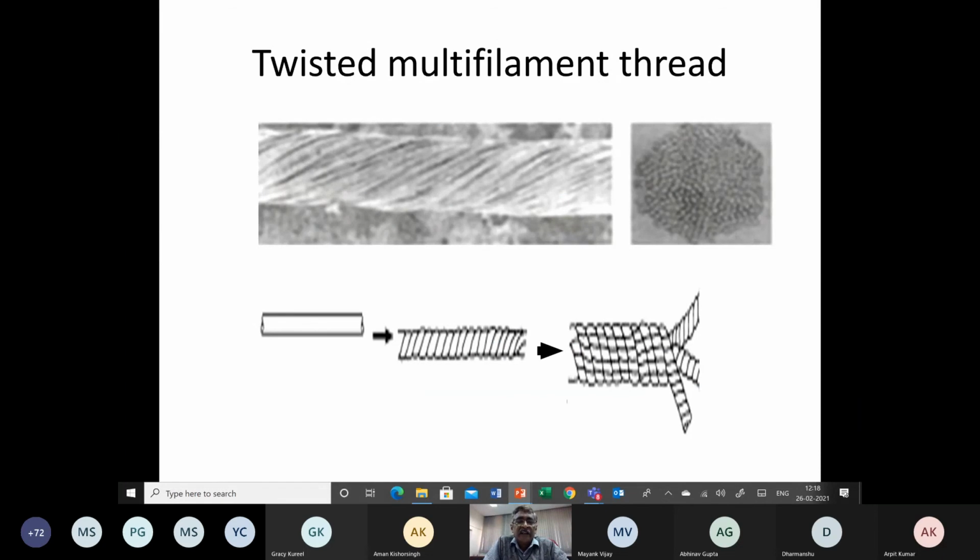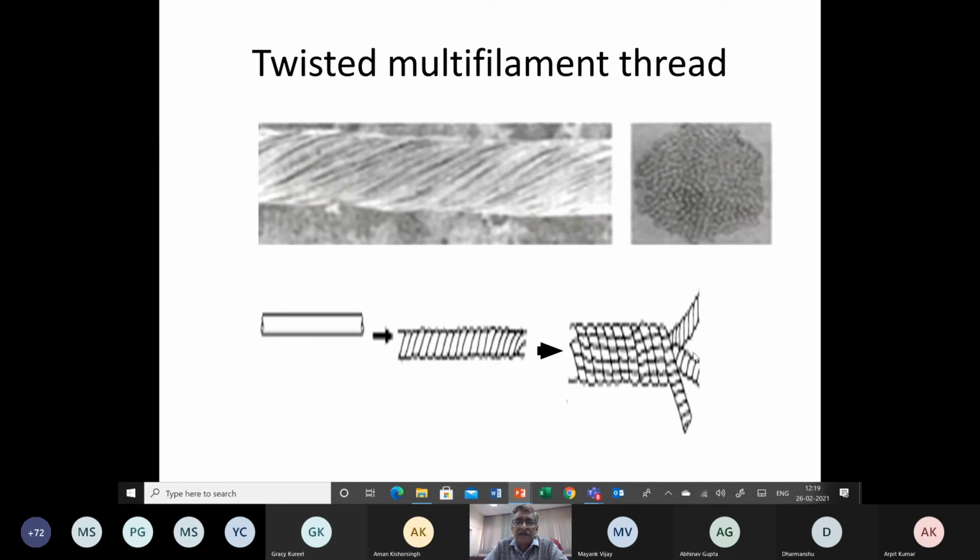There is another category of thread which is called the twisted multi-filament thread. It is a very simple one. You get the multi-filament yarn. This is the multi-filament yarn, which is on the left side. It is not twisted. Then apply twist, in the S direction. S twisted, the single common yarn.